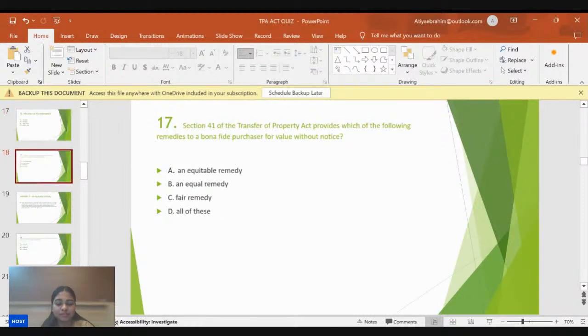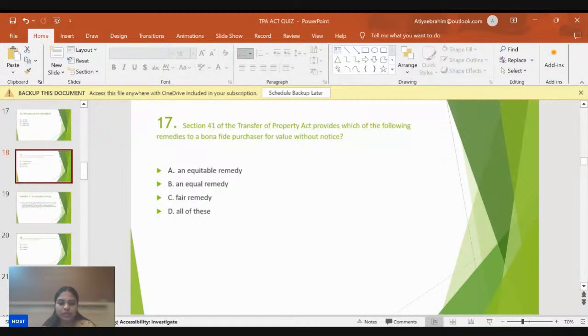Come to question number 17. Now, this is a little one level up question. Section 41 of TP Act provides which of the following remedies to a bona fide purchaser for value without notice? An equitable remedy, equal remedy, fair remedy, or all of this? Yes, Priyanka. For 16A, right.